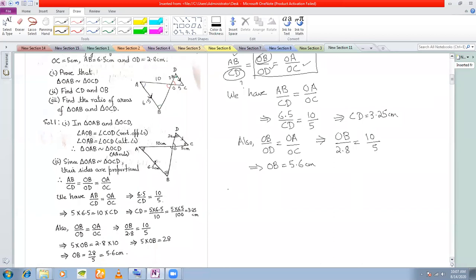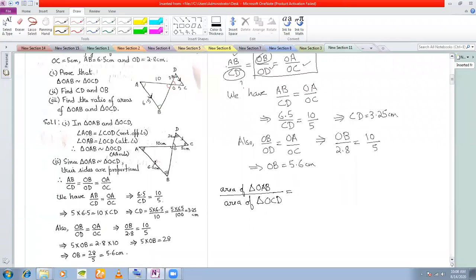So you know the relation between the areas and the sides of similar triangles. So you'll write area of triangle OAB divided by area of triangle OCD is equal to the square of the proportional sides.